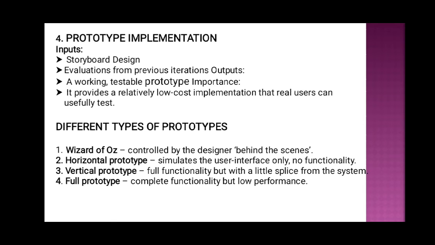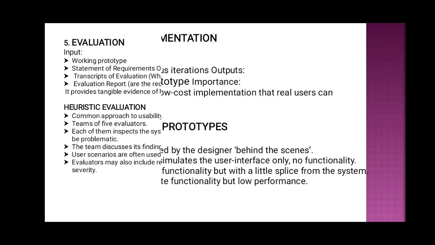Number 1, Wizard of Oz, controlled by the designer behind the scenes. Number 2, horizontal prototype, simulates the user interface only, no functionality. Number 3, vertical prototype, full functionality but with only a small slice of the system. Number 4, full prototype, complete functionality but low performance.